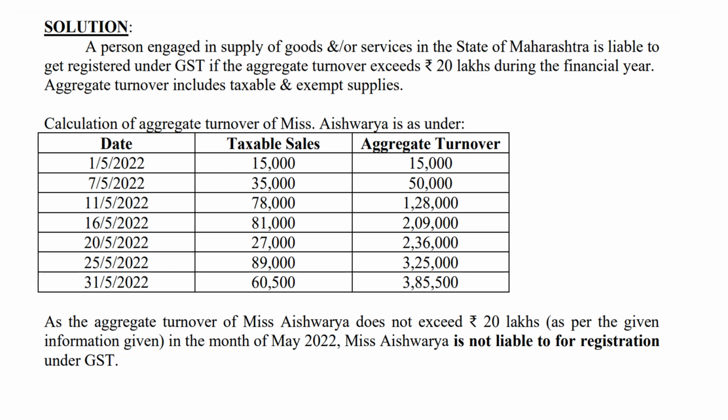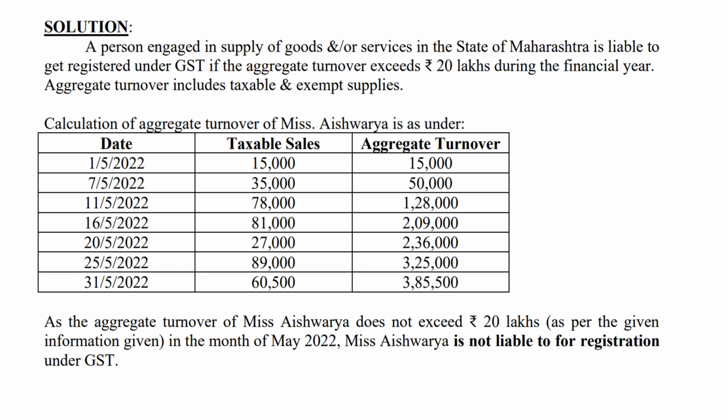You cannot just write the answer, you have to give a proper statement why he or she is not liable for registration. The state limit is 20 lakhs for goods and services. Miss Arya has not crossed that limit, as the last month's transaction is only 3 lakh 85,500, which is much less than 20 lakh, and that's why she is not liable for the registration.